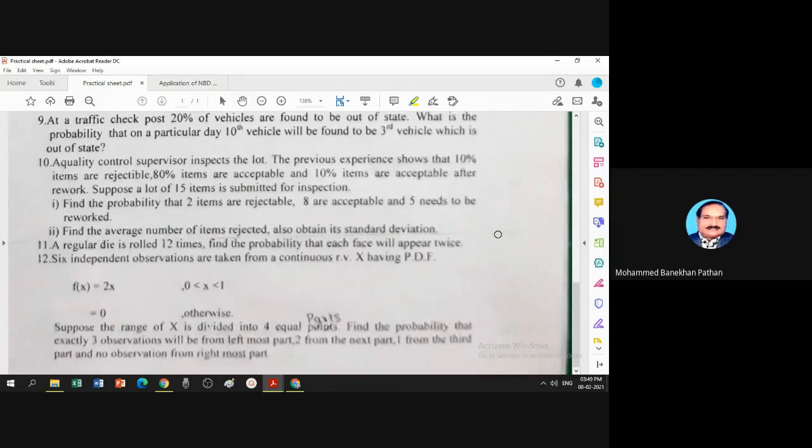A quality control supervisor inspects the lot. The lot is nothing but production.